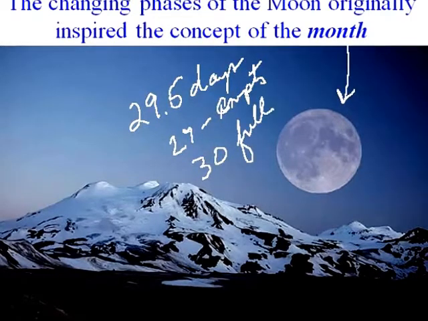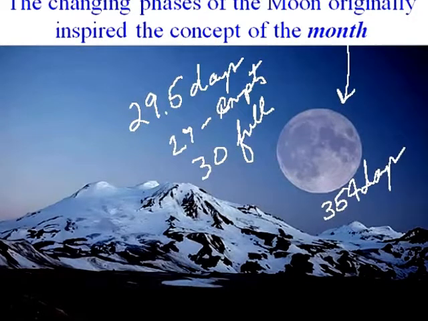And originally our year was based upon 12 of those months, and that turned out to be about 354 days. So this concept of a year and a month was based upon 12 lunar months, 354 days.